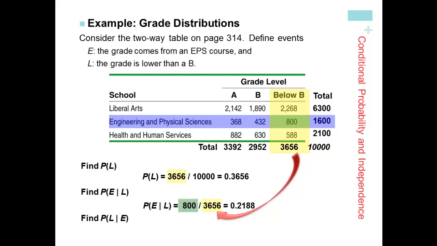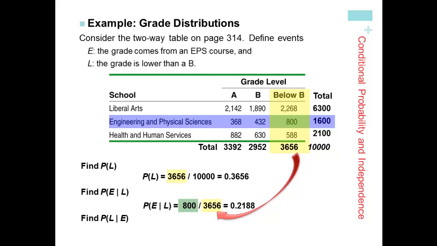So taking 800 divided by 3,656, I end up with 0.2188. So in other words, there's about a 21.88% chance that if I find a grade that's lower than a B, it will have come from an engineering and physical science class.